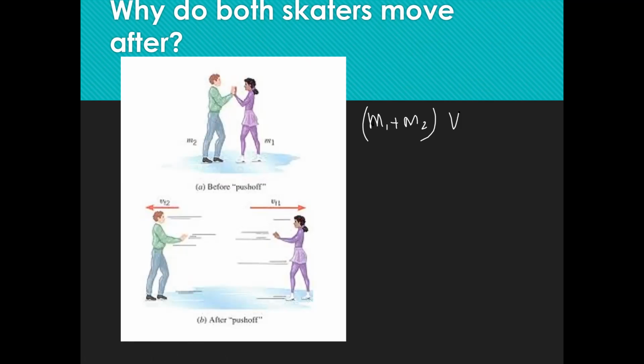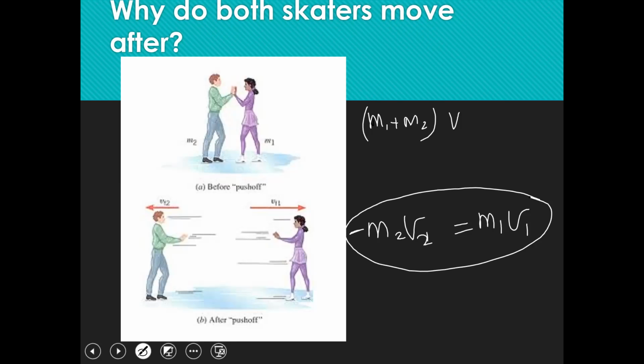After they push off each other, the woman here has her mass with velocity v1, and this product must equal the product of the man's mass times his velocity, but with a different sign. That's why when you add them, you will get 0.